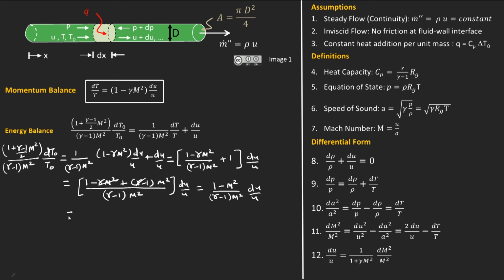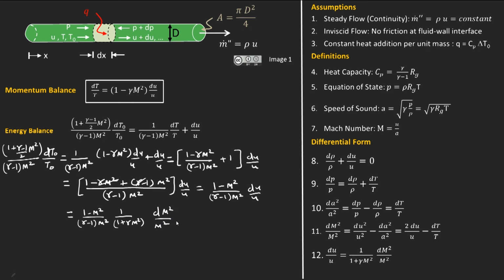So still continuing to work on the right hand side, we get 1 minus M square over gamma minus 1 times M square multiplied by, substituting for dU over U, this is 1 plus gamma M square multiplied by d of M square over M square.